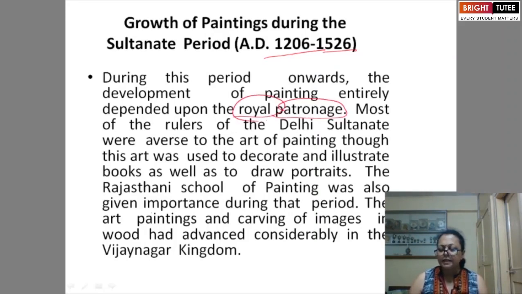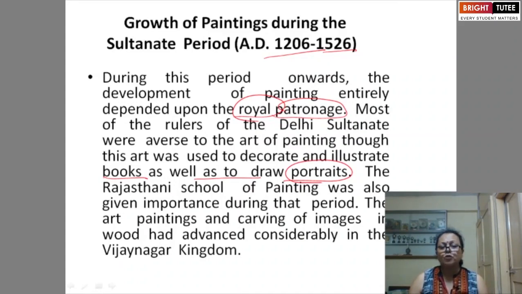The rulers of the Sultanate were from outside the country, and they were the rulers of our country. Most of the rulers of the Delhi Sultanate were averse to the art of painting, though this art was used to decorate and illustrate books as well as to draw portraits. This is a new concept developed during this period.